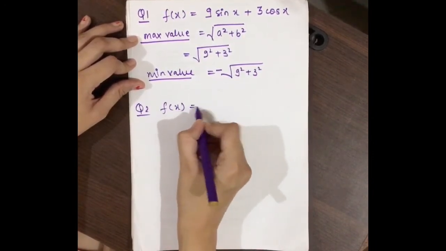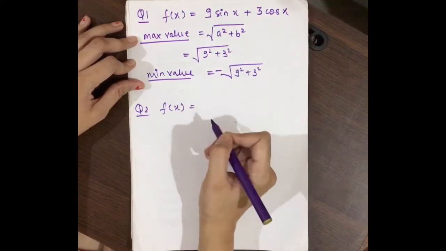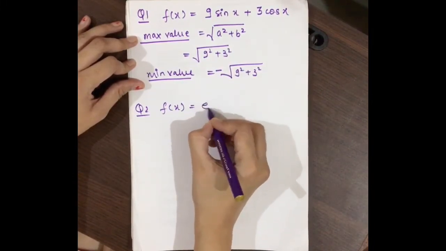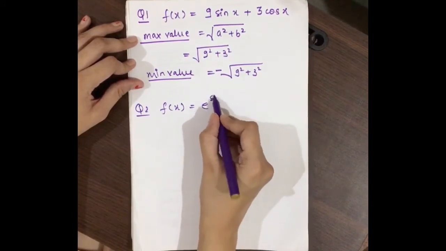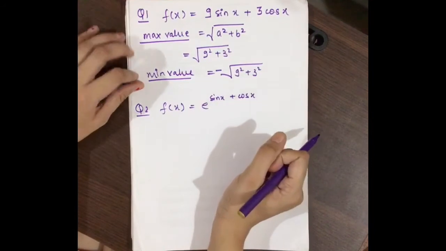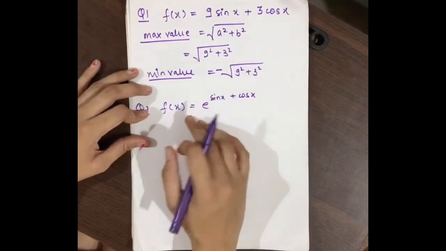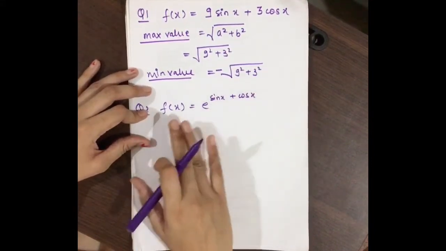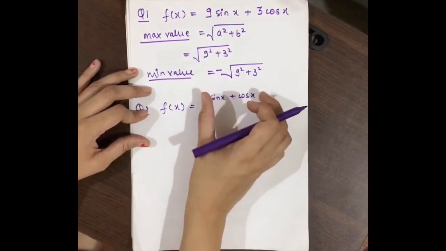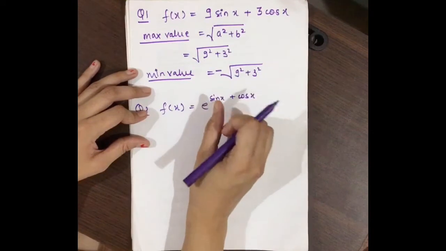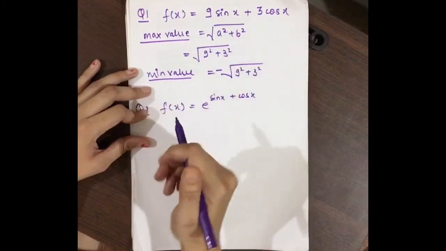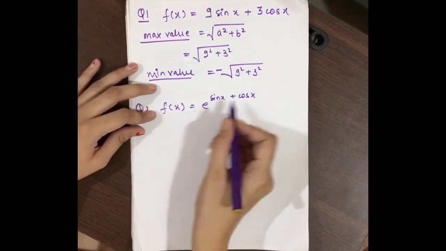Let us suppose f(x) is equal to e to the power sin x plus cos x. Okay, so we have already discussed that e to the power x is maximum when x is maximum. So now sin x plus cos x will have a maximum value of under root a square plus b square.